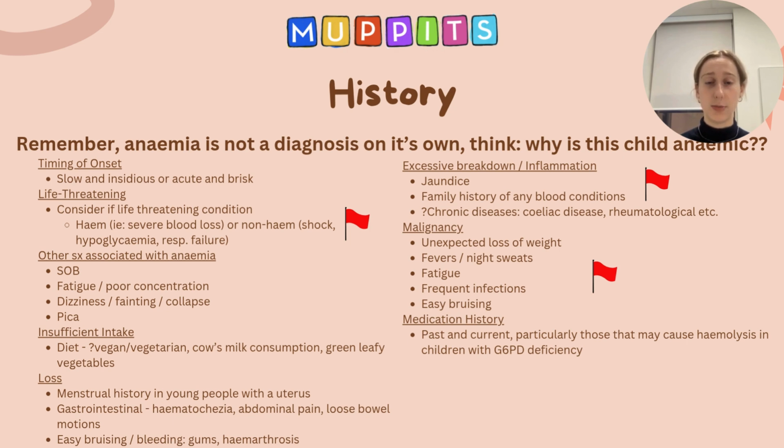Because we'll talk about it a bit more later, but if younger children particularly are consuming over 500 mils of cow's milk per day, this can interfere with iron absorption. And how's their intake of green leafy vegetables as well, which is more important in terms of folate. But of course, a lot of breads and cereals these days are fortified with folate, so it's not very common to see.